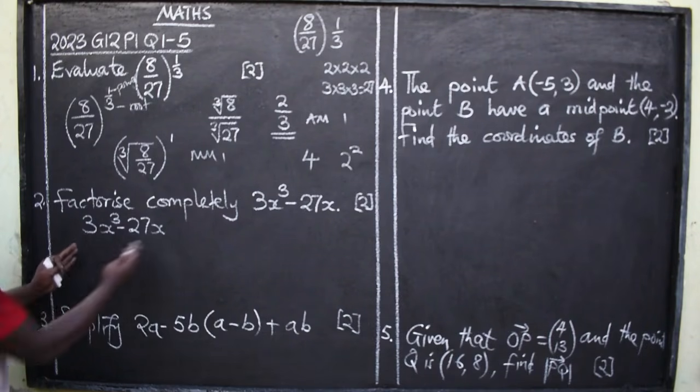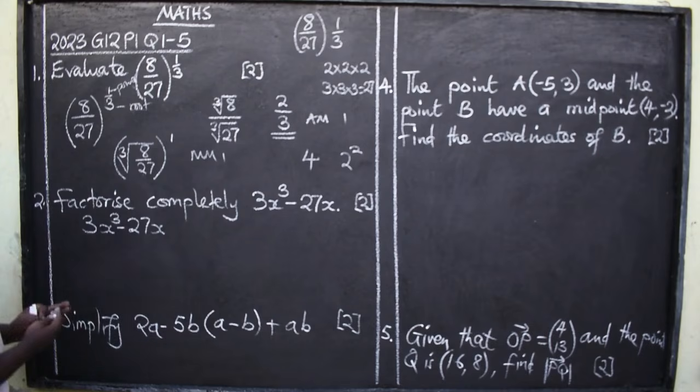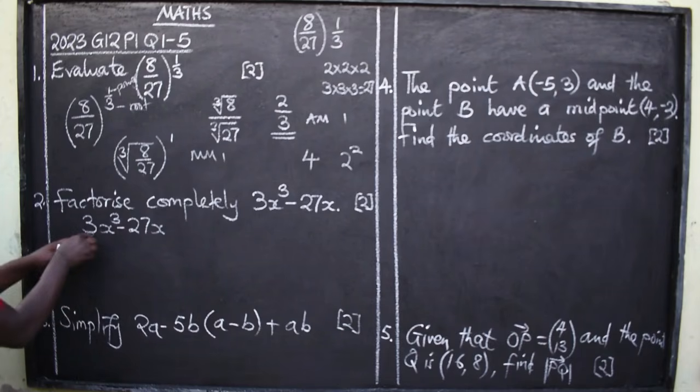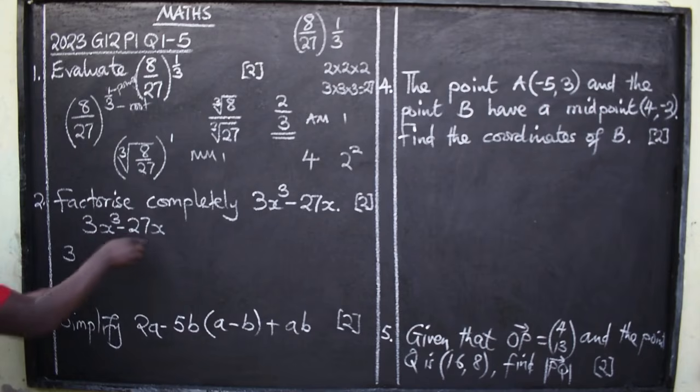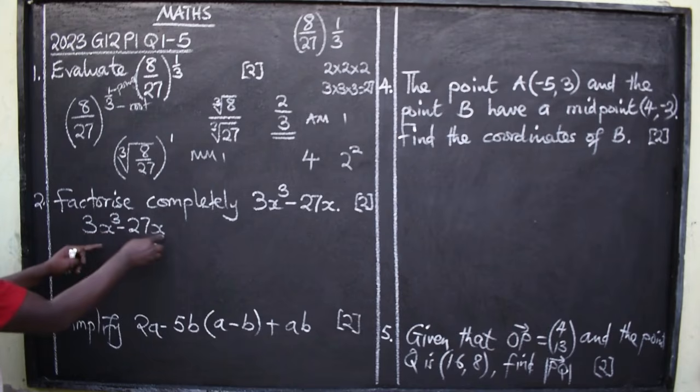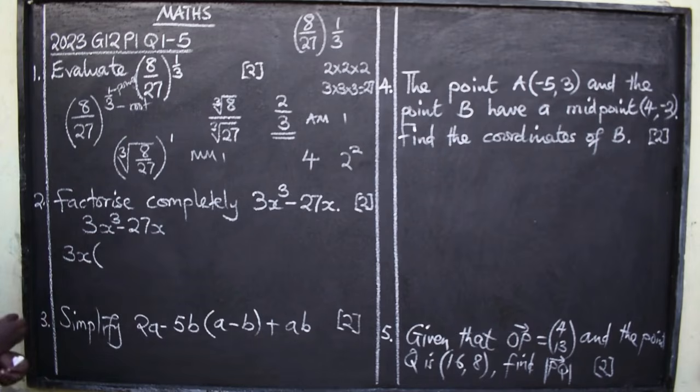So the common factorization that we are going to carry out here is, there are 2 terms. Let's ask ourselves, what is common on both sides? In terms of numbers, we have 3, because 3 can go into 3, 3 can go into 27. So 3 is common. X is also common. There's x here. So x is common. We do this. Here now we're going to say 3 into 3 is 1.